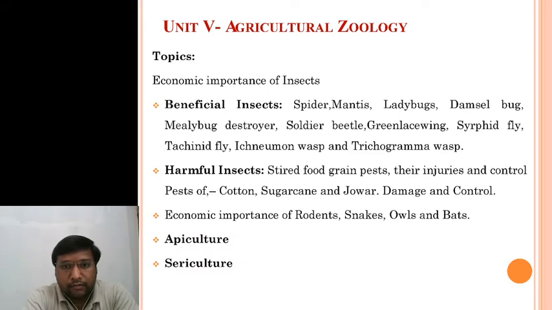Then economic importance of rodents, snakes, owls and bats. Then apiculture, culturing of honeybees for the production of honey, and lastly sericulture, the culturing of silkworm for the production of silk. So first we'll start with the first topic of this unit, that is economic importance of insects.